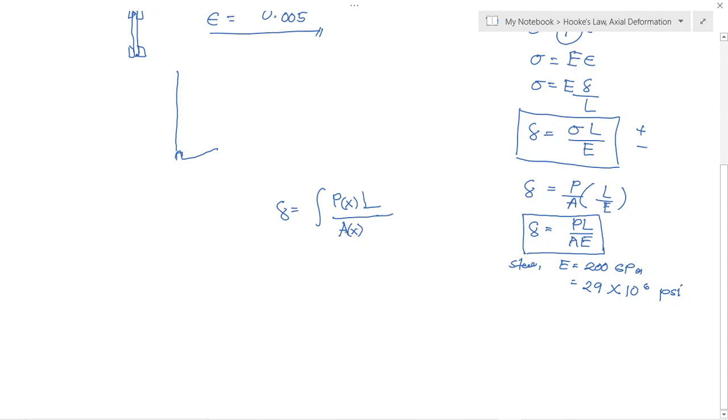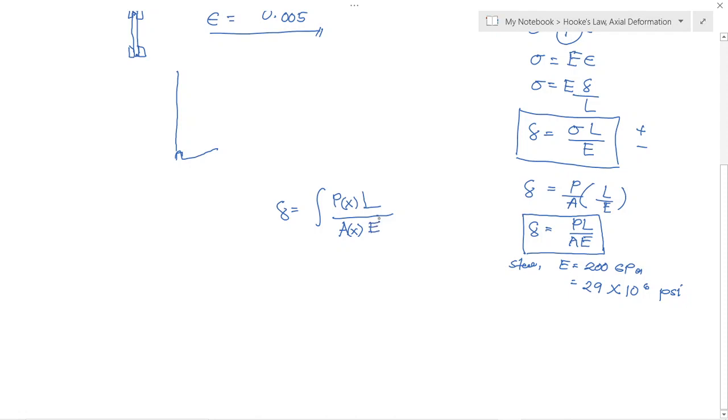Kasi diba kung circular na let's say 0.4 square inch ang cross-sectional area, 0.4 throughout the length. But if not, you can express area as a function of x multiplied by E.